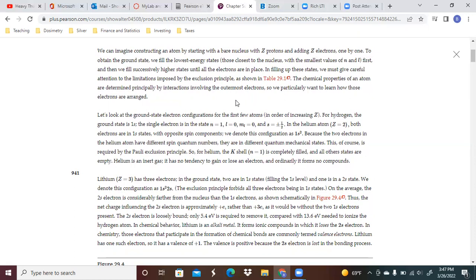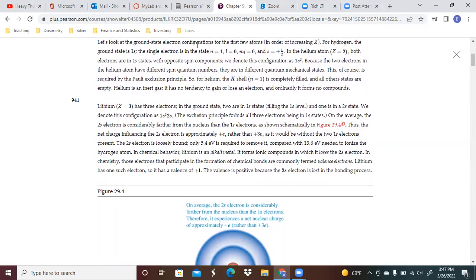And as we fill up these states, we must pay careful attention to the limitations imposed by the exclusion principle. The chemical properties of an atom are determined principally by interactions involving the outermost electrons. So we want to particularly learn how those electrons are arranged.